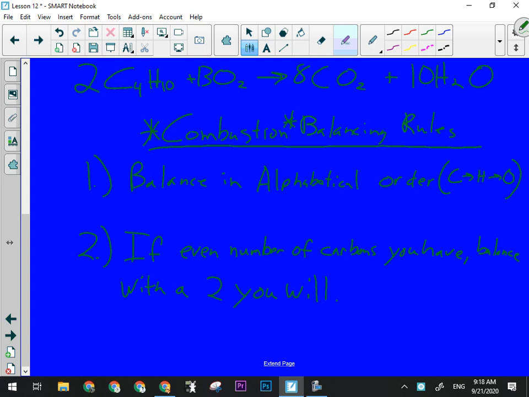Second rule is the rule of 2. An even number of carbons you have, balance with a 2 you will. So if you have an even number of carbons, you start your balancing with a 2. That's the second.